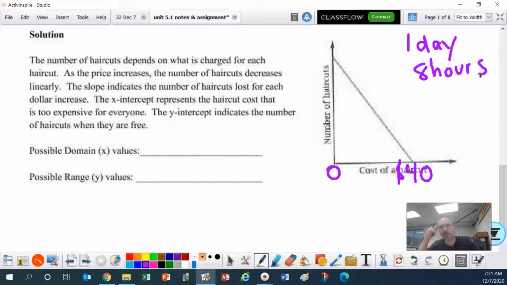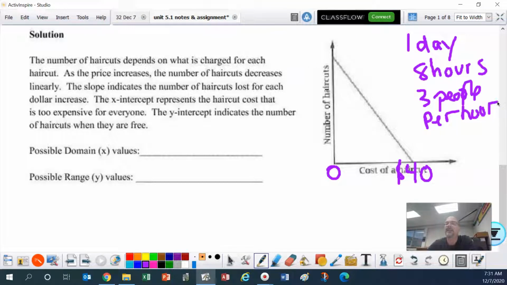Well, it depends upon what's getting done. If you get a buzz cut like me, you can go through a whole lot of people in 1 hour. But on average, it's maybe 3 people per hour. See, if we were in class, we would have a discussion on this.